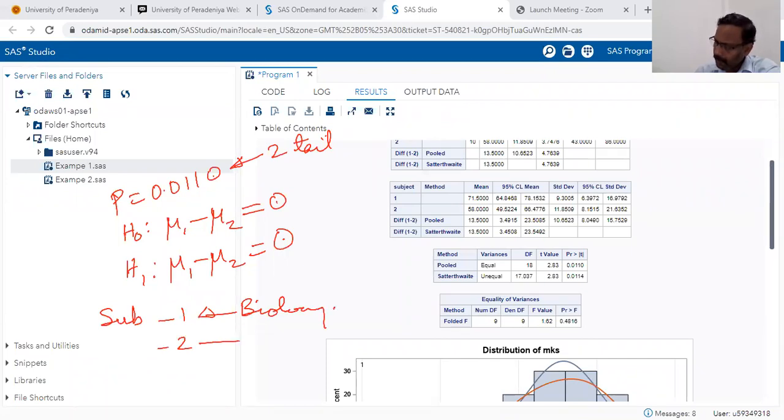Subject 2 is mathematics. Normally, in your class, which subject was easier, mathematics or biology?